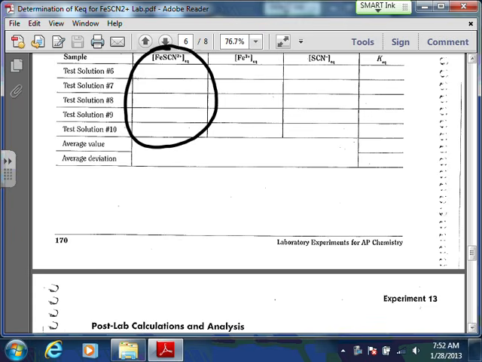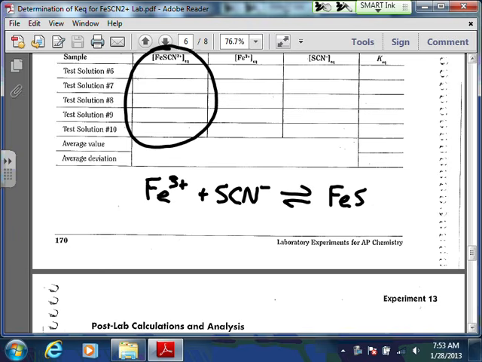And then comes the tricky part, which is really not even that tricky. You've got this equation: Fe3+ and SCN minus are combining to make the FeSCN2+.